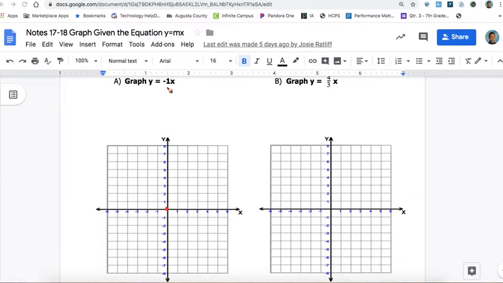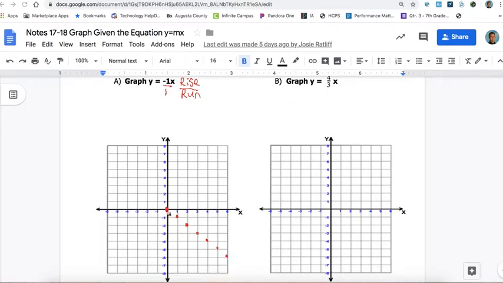We have -1 times x, so I can put a 1 underneath it to turn it into a fraction, and the top number is my rise, and the bottom number is my run. So we're going to rise -1 and run 1. So I have to go down -1 over +1, down -1 over +1, and continue that, down -1 over +1, down -1 over +1, down -1 over +1.